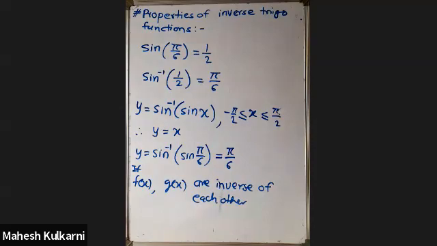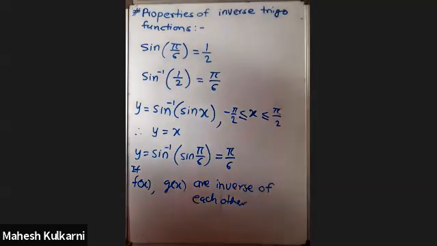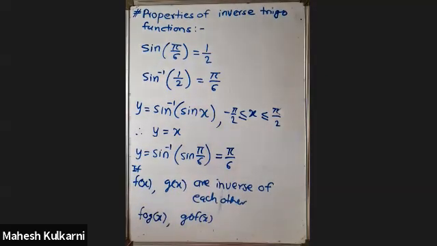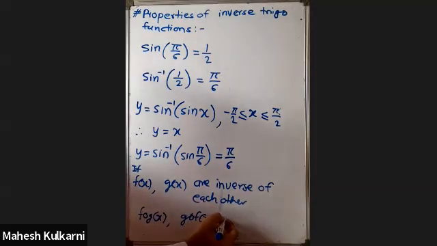In the functions lesson you have studied this. So what is the composite function of f and g? It is either f of g of x, or it can be g of f of x, and this is always the identity function, that is x.